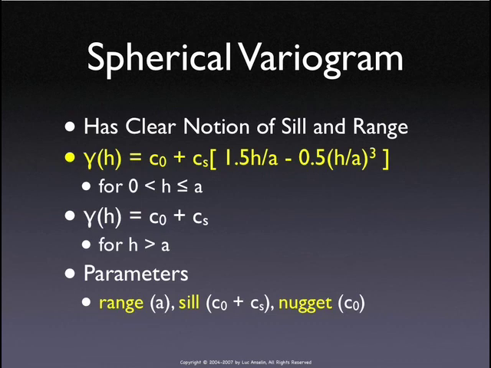Before the range, we have this particular shape, which is a nonlinear function. See the 3/2 power here, of distance, which is the argument in here, and then this unknown parameter a, which is the range. So we have to think of our cloud plot or our semi-variogram. We have to fit this nice curve through those points such that we determine the three parameters.